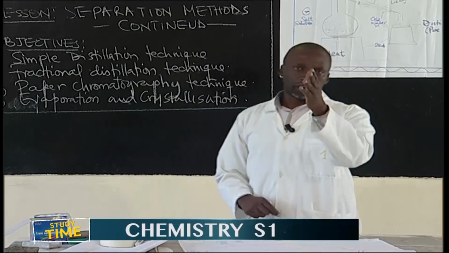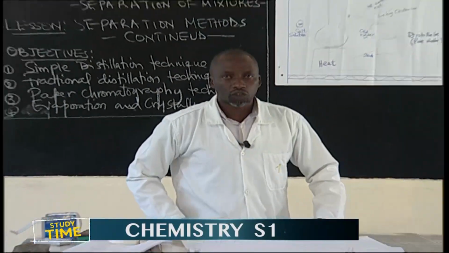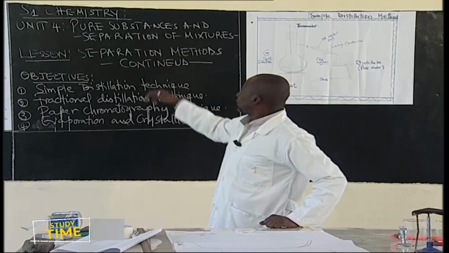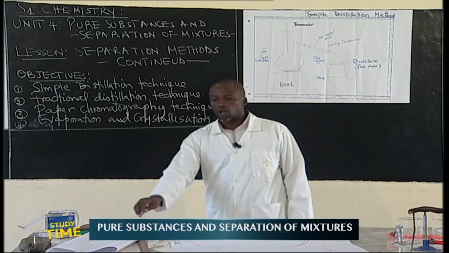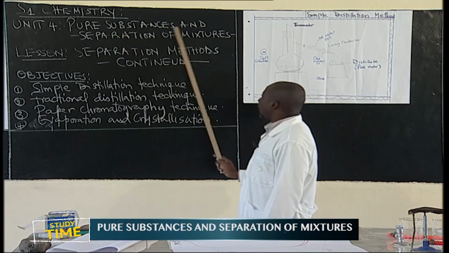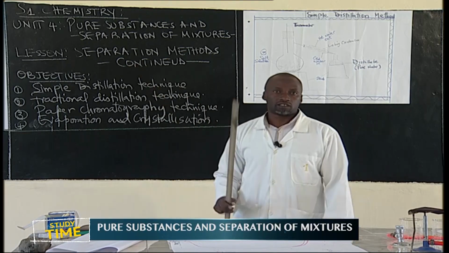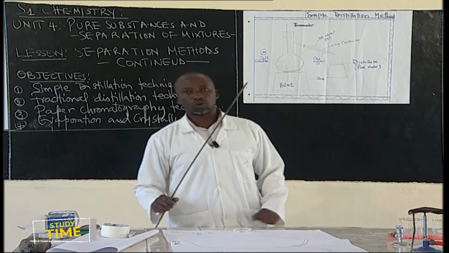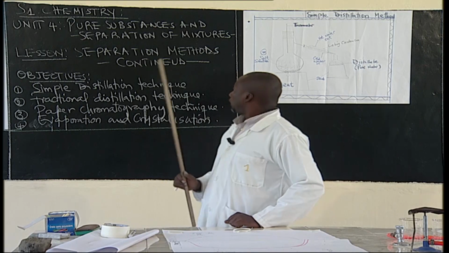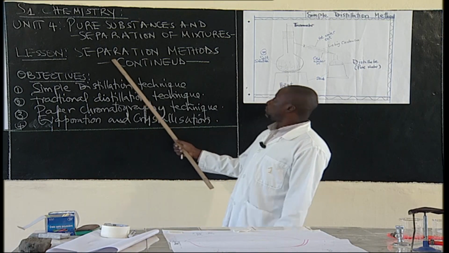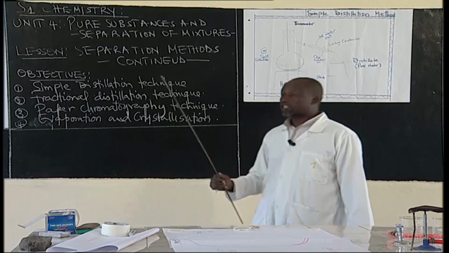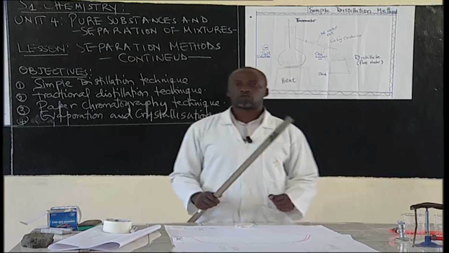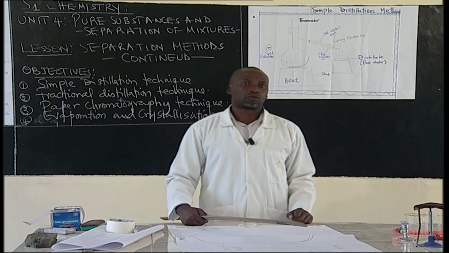And you remember in the previous lesson, we were looking at Unit 4, which is about pure substances and separation of mixtures. So we are still on the same unit today, and the lesson we'll be looking at is separation methods. It is the continuation of other methods that we have looked at.